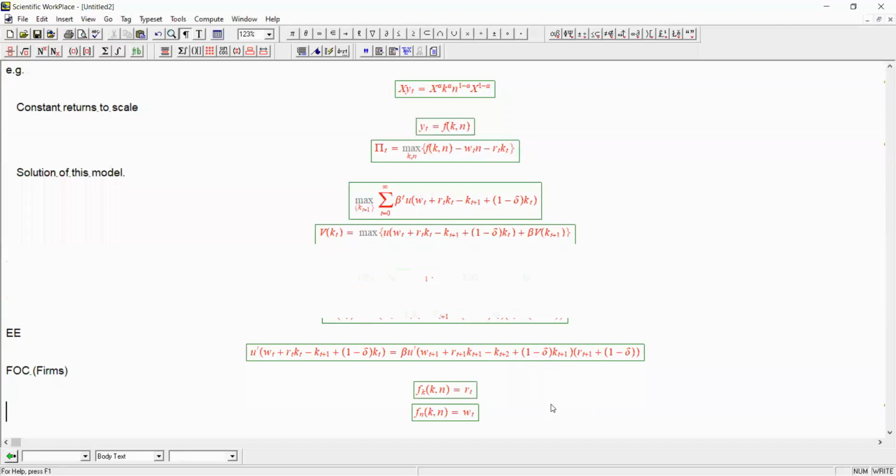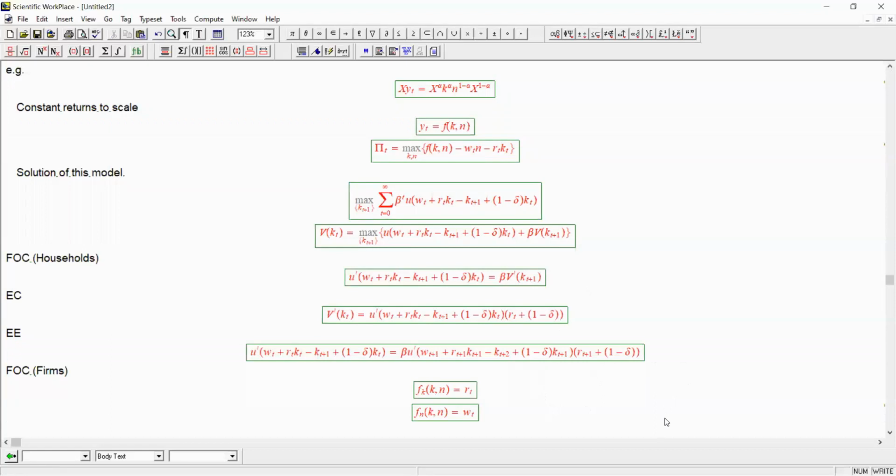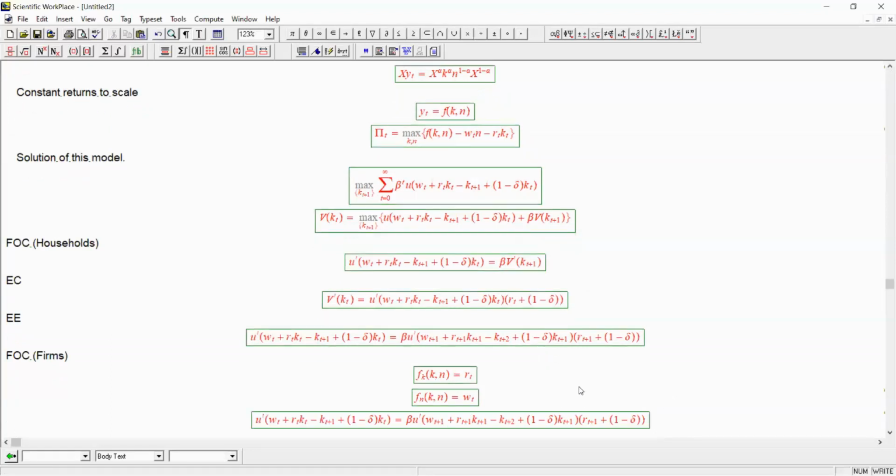Now, putting this all together, this means that the equilibrium of this environment is going to be described by the transversality condition and by this. The rental rate of capital is going to be that.